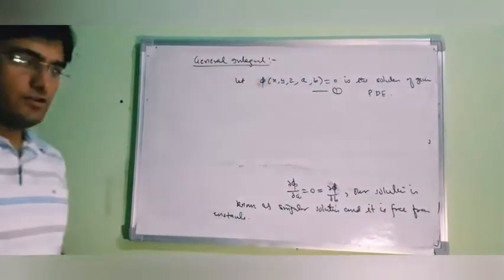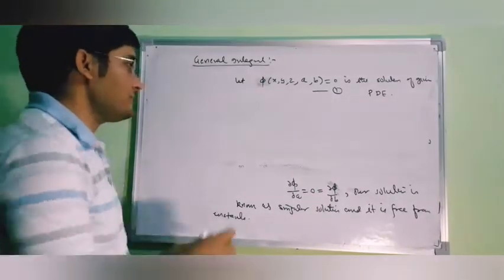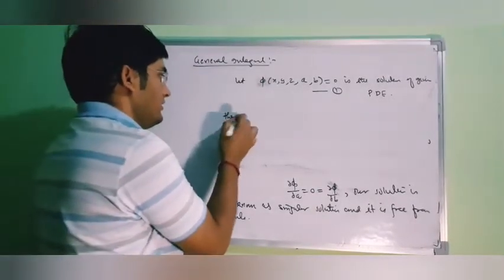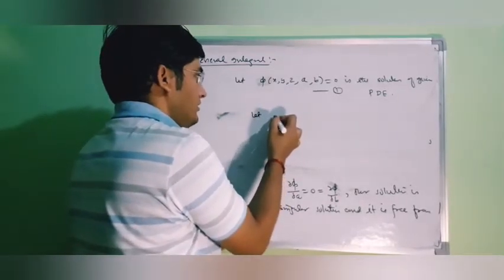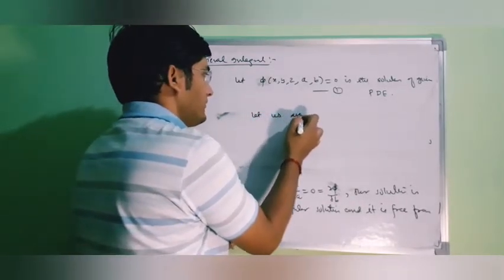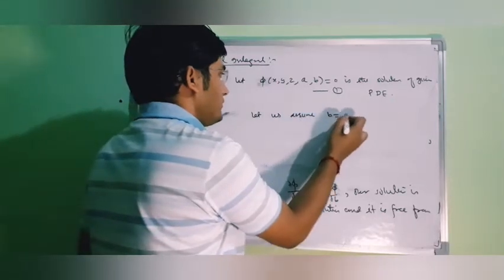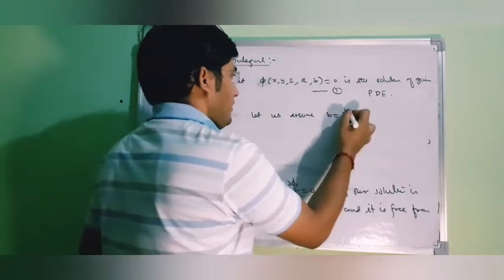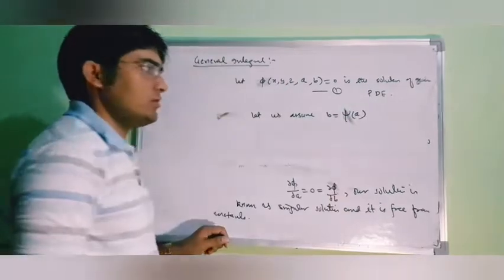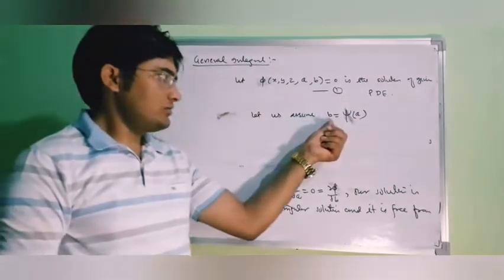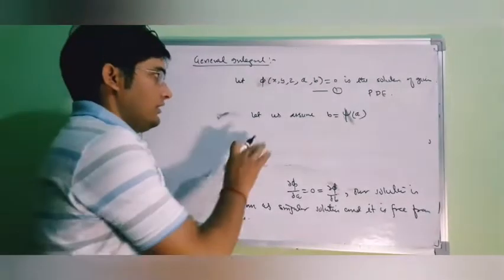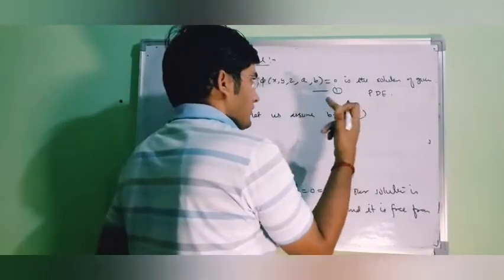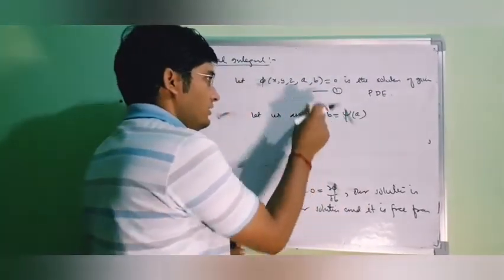Now if it is a solution of the given PDE, then let us assume b equal to some function of a. Say b equal to psi of a. Let us assume this value for b.